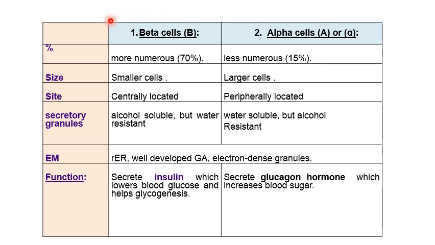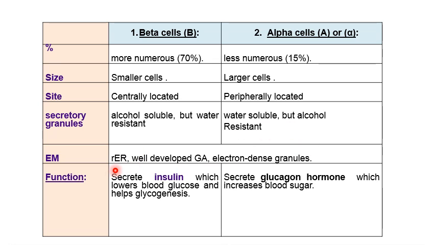This table differentiates between beta cells and alpha cells. Beta cells are more numerous, 70%, while alpha cells are less numerous, 15%. Beta cells are smaller cells, while alpha are larger cells. Beta cells are centrally located, while alpha are peripherally located. The granules of beta cells are alcohol soluble but water resistant, while alpha cell granules are water soluble but alcohol resistant.